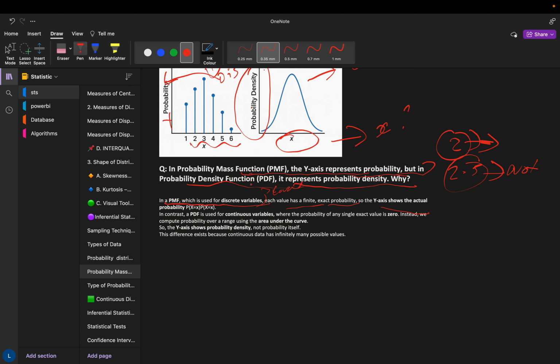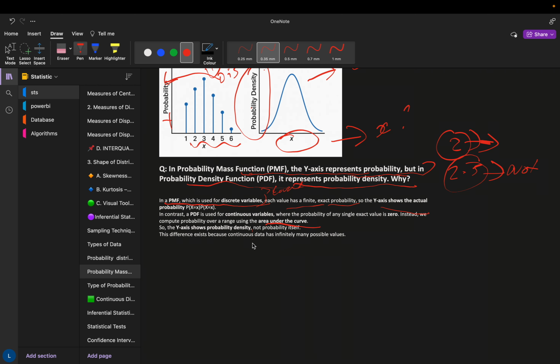In the y-axis we show the actual probability. But in probability density function, which is for a continuous variable that cannot be counted, the probability of any single exact value is 0. So instead of probability, we use the area under the curve over a range. In the y-axis we use probability density, not probability itself.